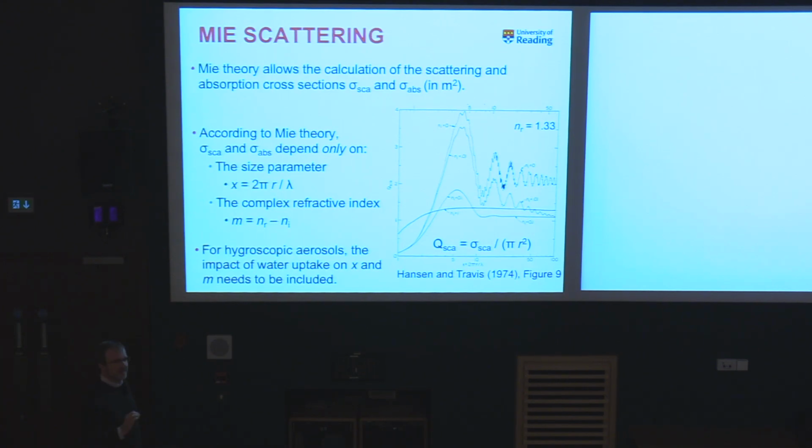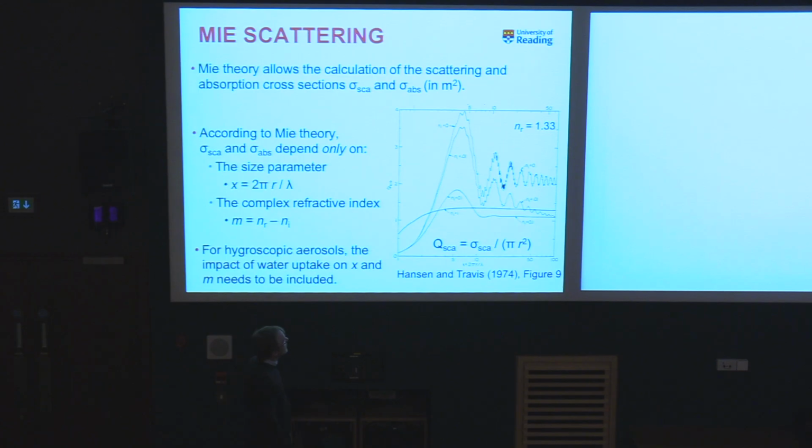The complex refractive index essentially depends on the composition of the particle and tells you how good it is at scattering or absorbing radiation. So only those two parameters and you can compute those scattering and absorption cross-sections.